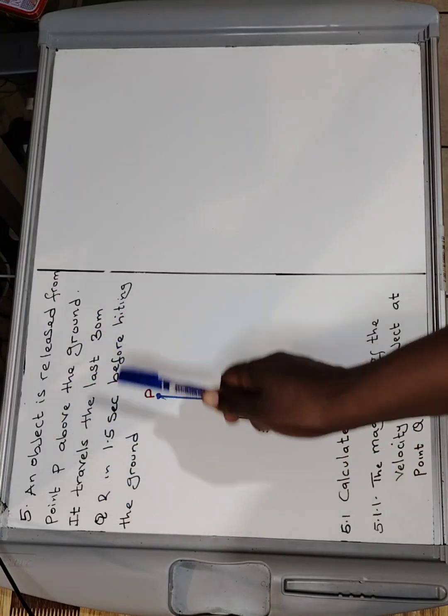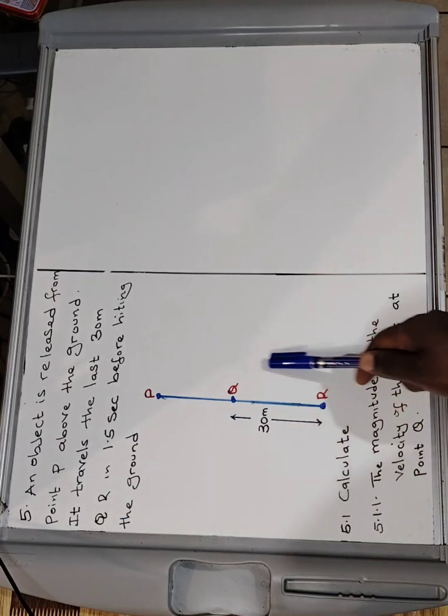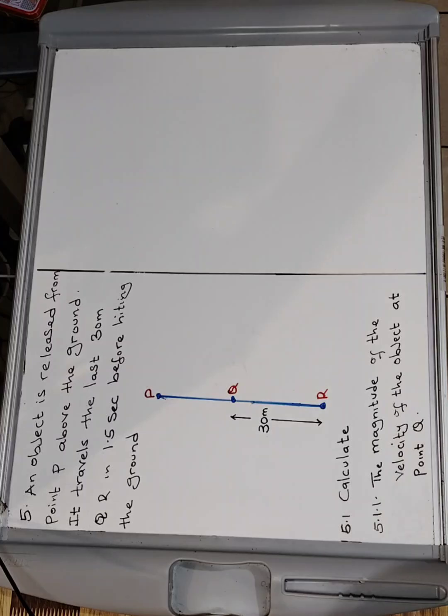It travels the last 30 meters QR in 1.5 seconds before hitting the ground. And the question comes, calculate 5.1.1, the magnitude of the velocity of the object at point Q.